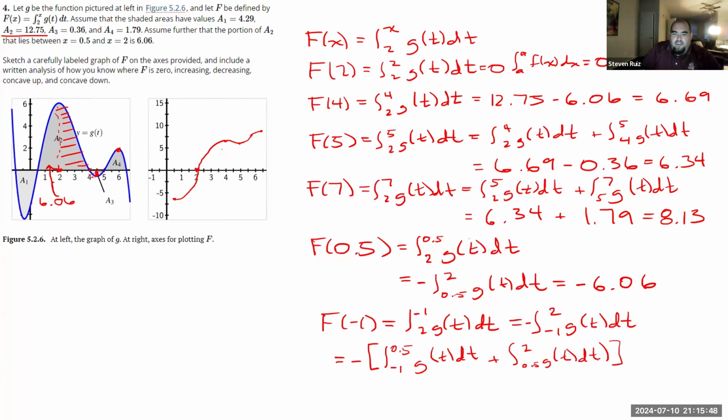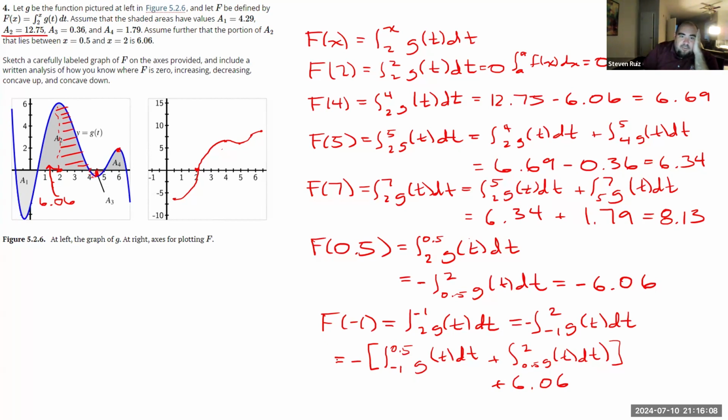One of these things I already know because I just found it. What is the integral from 0.5 to 2 of g of t dt? Well, we said that was 6.06 because that's that portion of area 2. So positive 6.06. Then what's the value of the integral from -1 to 0.5 of g of t dt?